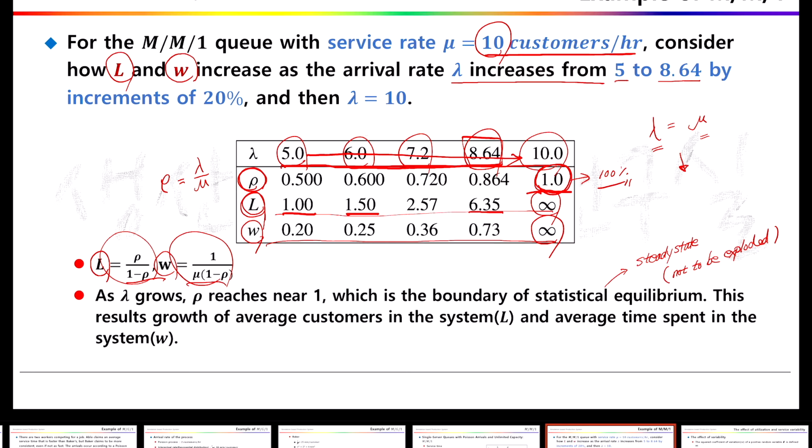It means that the queue increases and does not stop. It increases up to infinity, and the server cannot have idle time. It's always at 100% utilization. So this model cannot be sustained under the steady state condition.